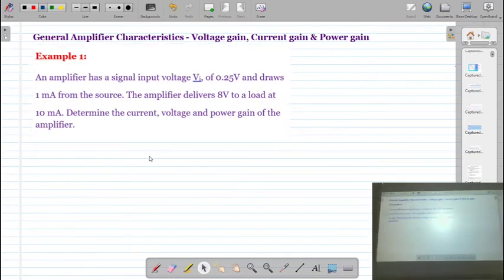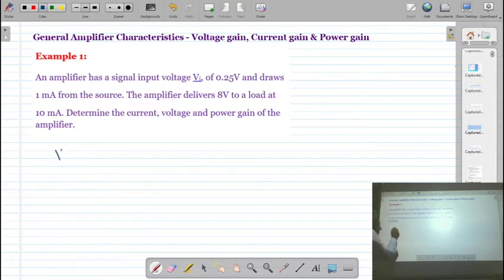Okay, one simple example is that an amplifier has a signal input voltage Vi of 0.25 volt. Remember, if the voltage is not mentioned as a peak value, RMS value or instantaneous value, then you should consider that it is an RMS value. So here we will note down the data given to you.